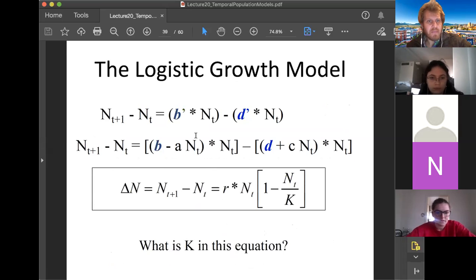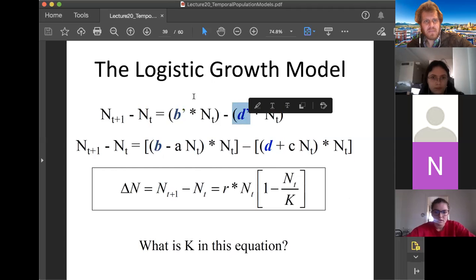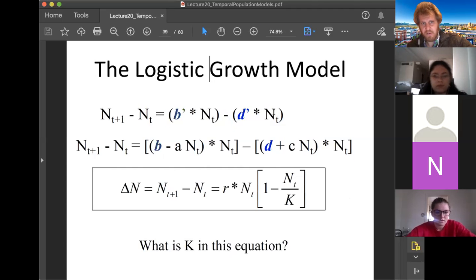Okay, now with B prime and D prime in here, we can see how we actually derive the logistic growth model. And all it is is plugging in what B prime and D prime actually equal in our BIDE model. So here we have births, and here we have deaths. They both depend on population size, N of T. Remember before when we had delta N equals little b minus little d for our exponential model.